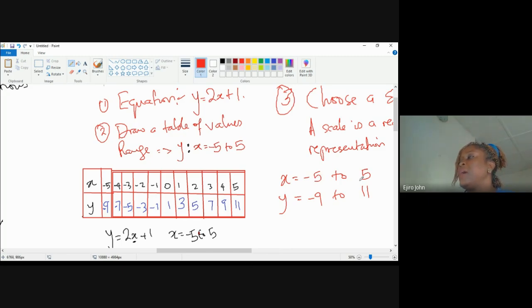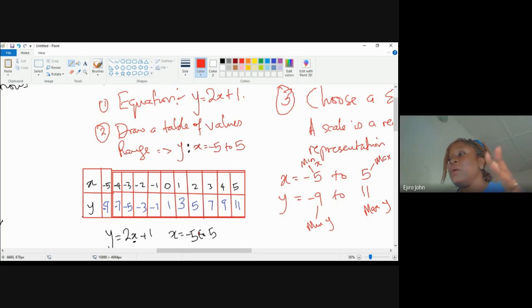So now this is the range. This is the minimum and this is the maximum that will be on the x-axis, while this is the minimum and this is the maximum that will be on the y-axis.